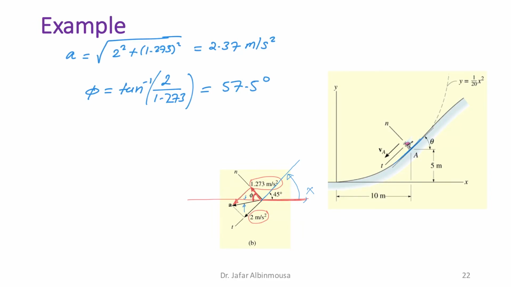To measure this small angle, we have to say that 57.5 minus 45 degrees is equal to 12.5 degrees. So that acceleration is equal to 2.37 meters per second squared at an angle down 12.5 degrees from the x-axis.